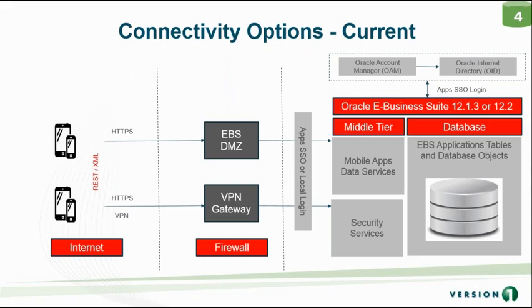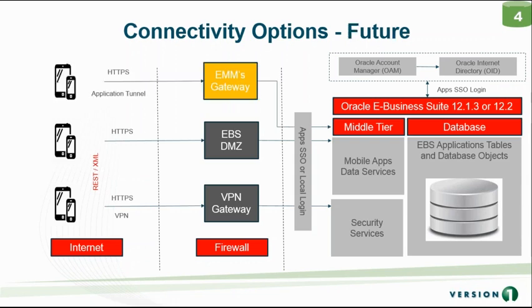Either via an eBusiness Suite demilitarized zone or via a VPN gateway, which removes any direct access by a smartphone or tablet to the environment should it fall into the wrong hands. And Oracle are looking at introducing a third option, which is via Enterprise Mobile Management Gateway.